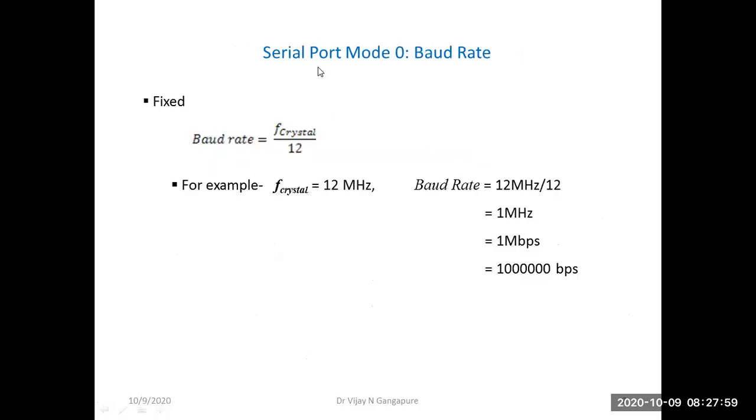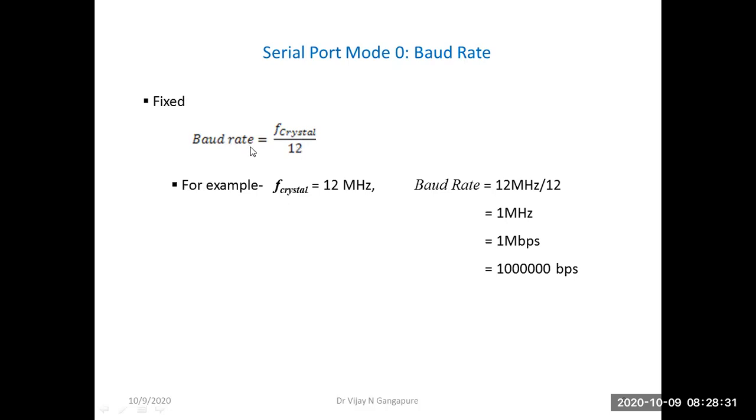Now, the baud rate of serial mode 0. We already discussed that the rate at which reception and transmission happens in mode 0 is called the baud rate, and that is fixed, because the frequency used to shift data out or shift data in is equal to f oscillator divided by 12, that is, the frequency of the crystal connected to the 8051 divided by 12.